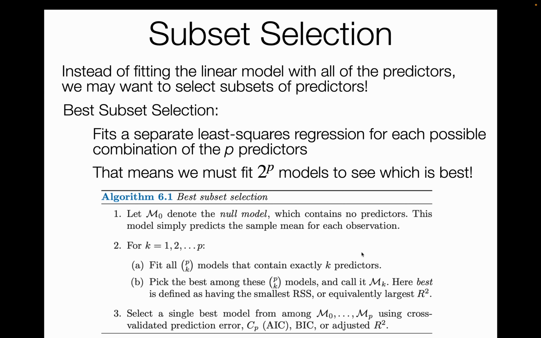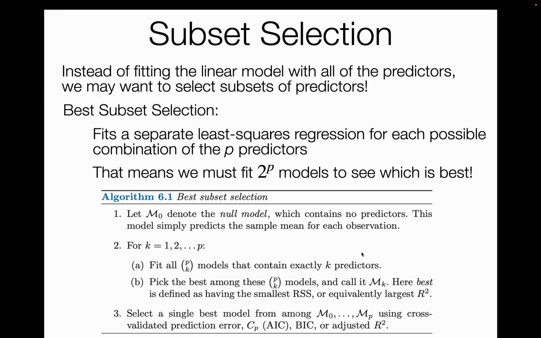We did go over best subset selection before, which fits all possible models, starting from the null model, which is using the mean of y to predict y, so using no predictors, all the way up to using all of the predictors and everything in between.